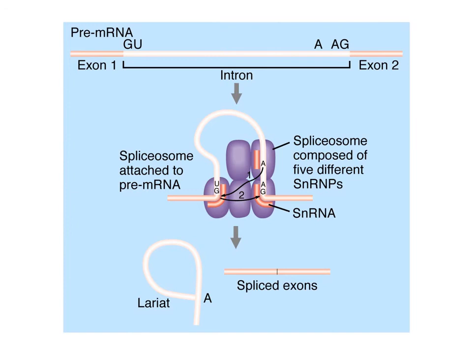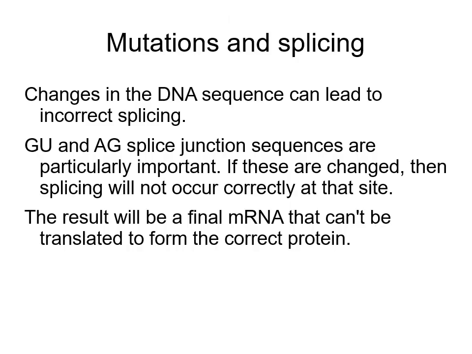So we're simply removing that intron in its precise way, dictated by sequences within the intron and proteins, etc., that are bound there. Okay, now clearly, changes in the DNA sequence can lead to incorrect splicing. For example, if those GU and AG splice junctions are mutated, we're not going to get correct splicing at that point, and that's going to mess up the protein big time.